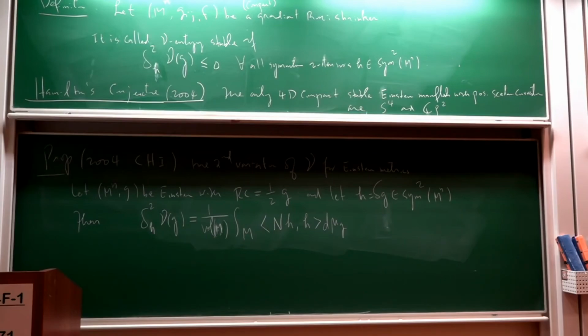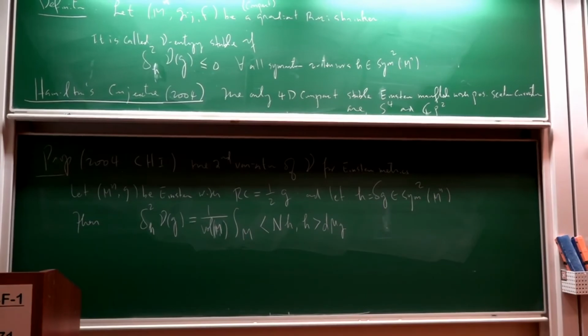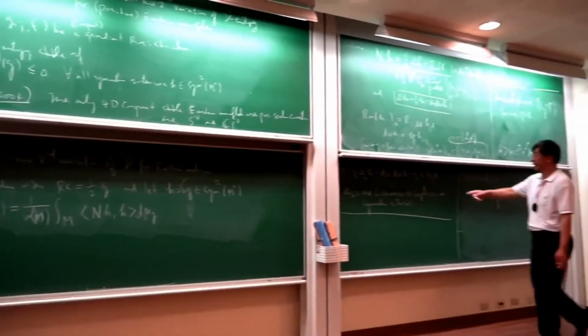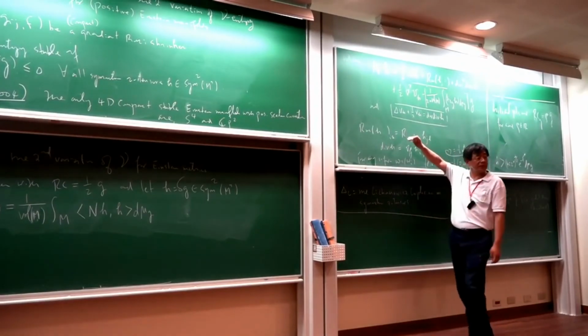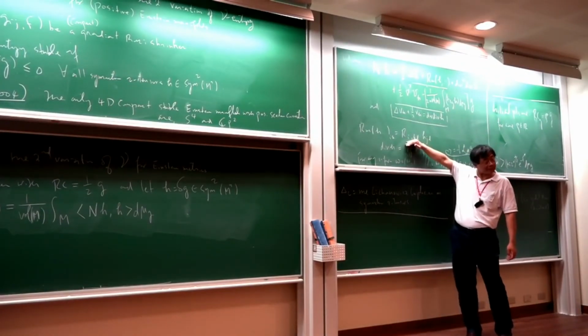In 4D, because there is a nice curvature decomposition, will that formula be nicer? It doesn't help, well, in the sense that this part can be simplified, in a sense.